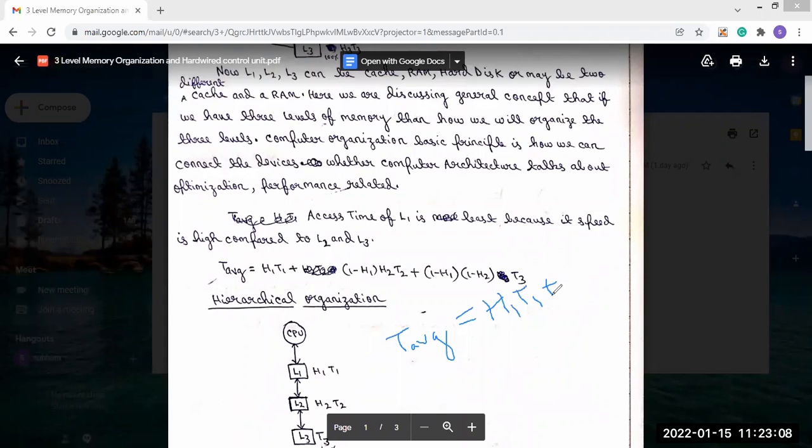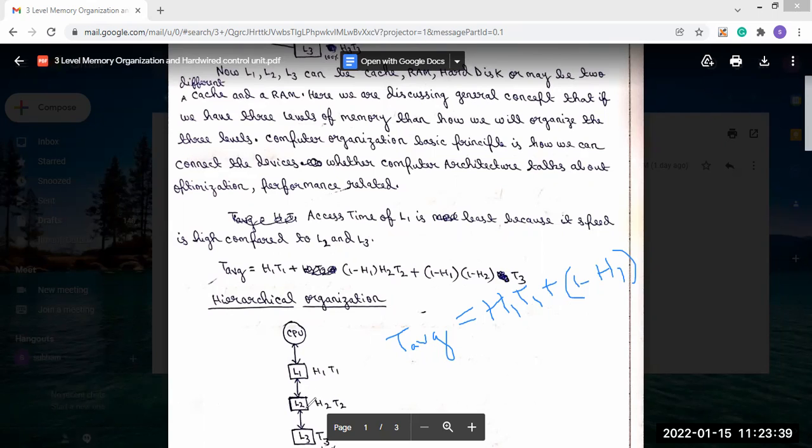Now, in the next case, what will happen? 1 minus H1. If the data is not found in L1, then where will we find the data?